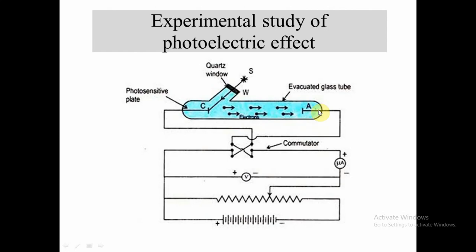These electrons flow in the outer circuit, resulting in the photocurrent. Due to it, the micrometer shows a deflection. The readings of the micrometer measure the photoelectric current. This is how we perform the experiment.